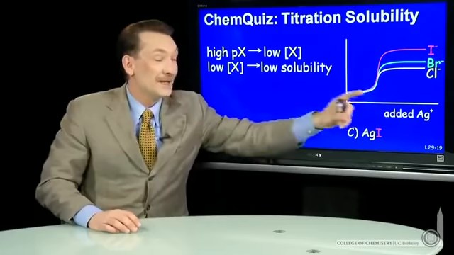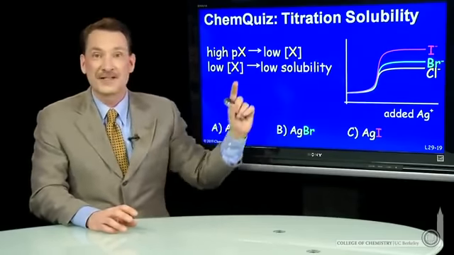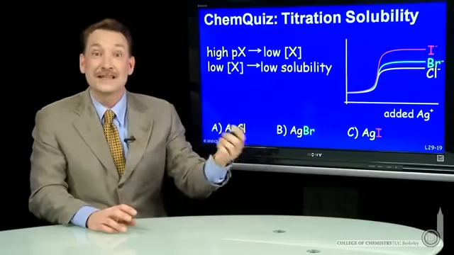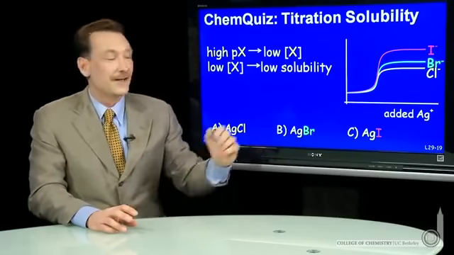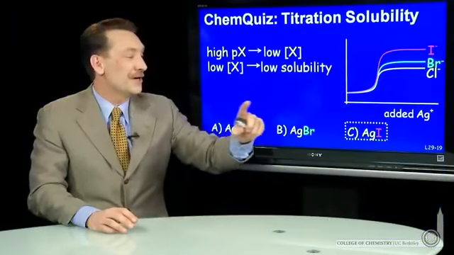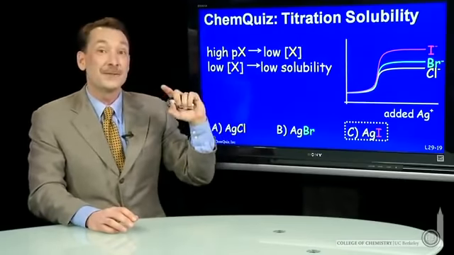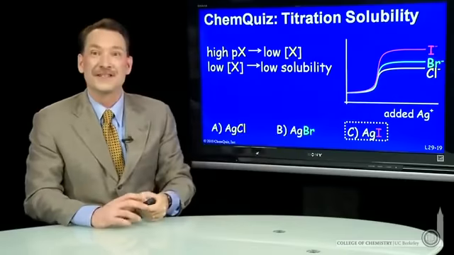So iodide, in the presence of silver ions, has the lowest concentration, so it's the least soluble. It is the one that forms the most silver iodide solid of these three. Silver iodide is the answer here because iodine is the lowest concentration, the highest pX, at the end of these titrations.